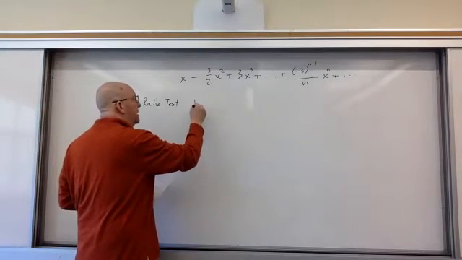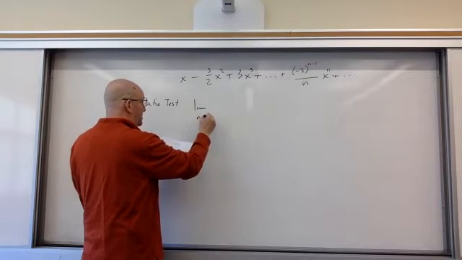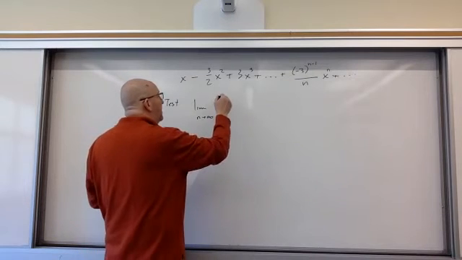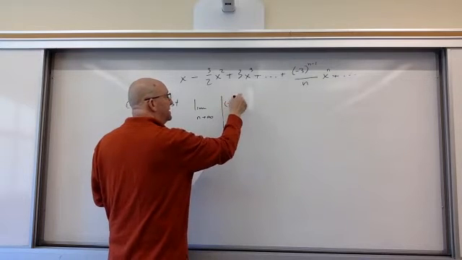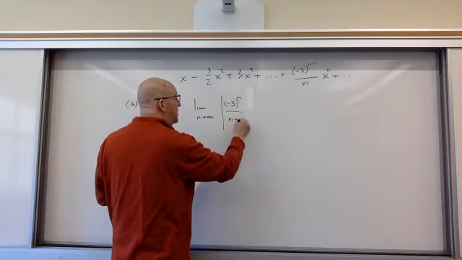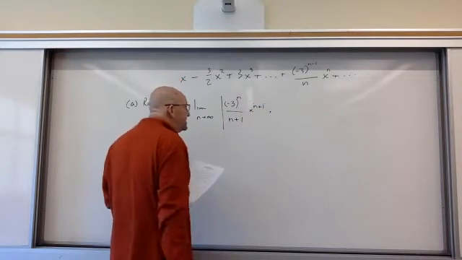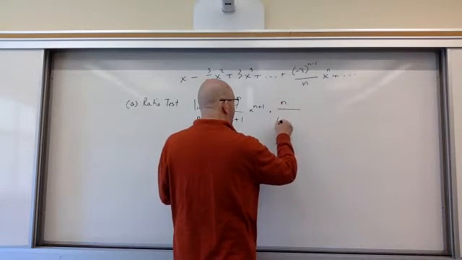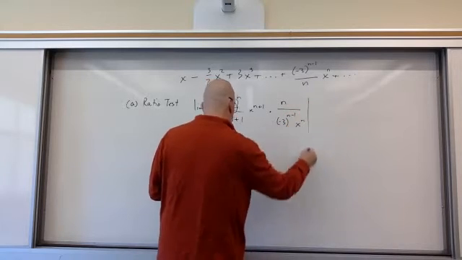So we have the limit as n approaches infinity of the absolute value of negative 3 to the n minus 1 plus 1 over n plus 1 x to the n plus 1 times n over negative 3 to the n minus 1 x to the n.